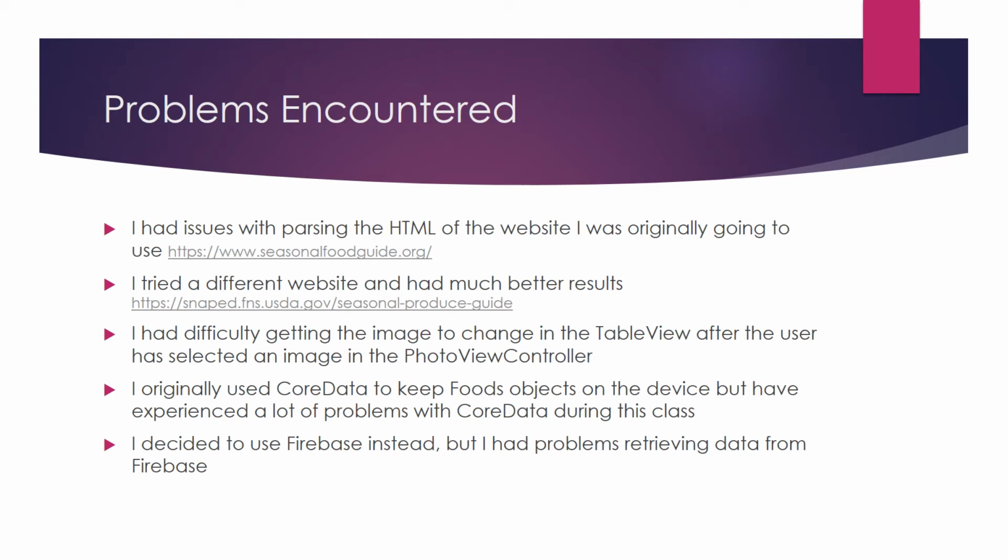Also, I originally used Core Data to keep food objects on the device, but I've experienced a lot of problems with Core Data during the duration of this class. I decided to use Firebase instead, and I was able to create entries using Firebase, but I had some problems retrieving data from Firebase.